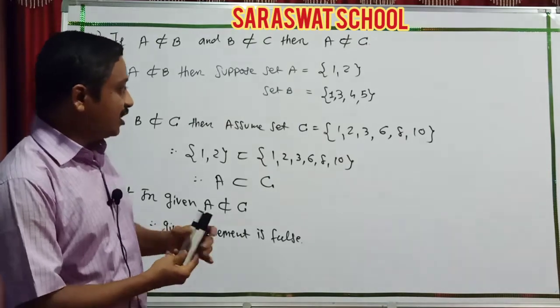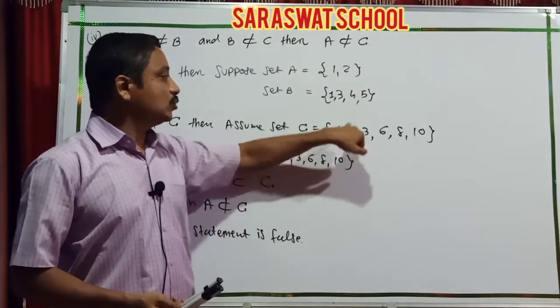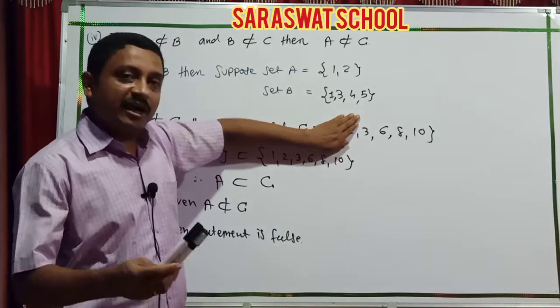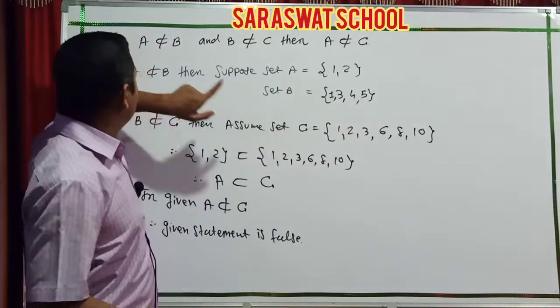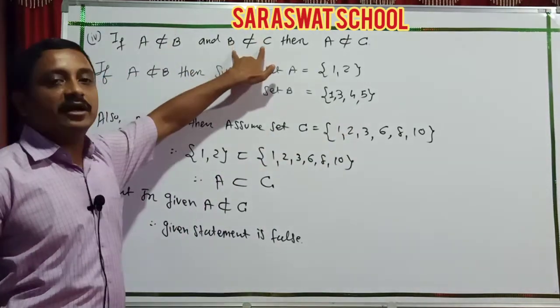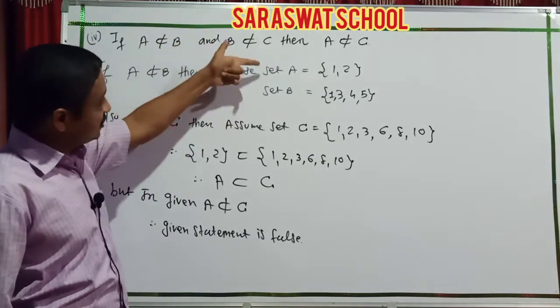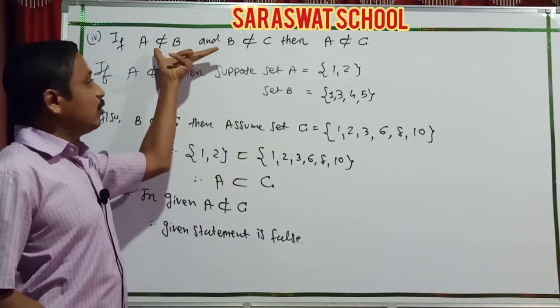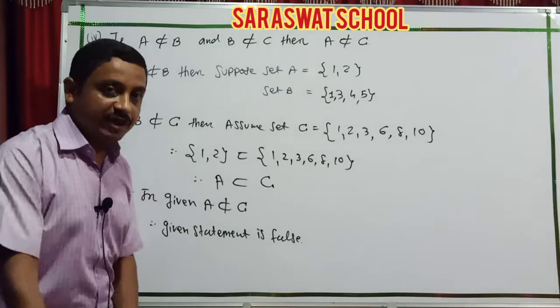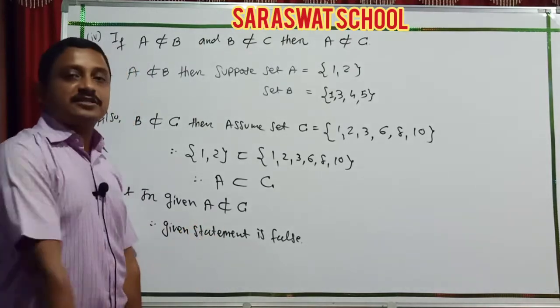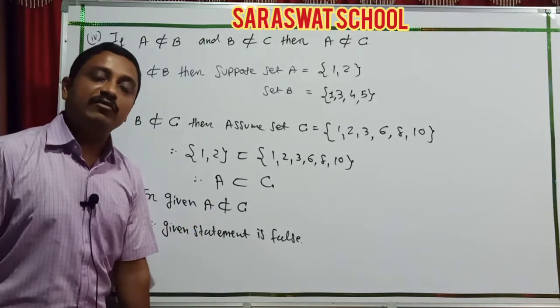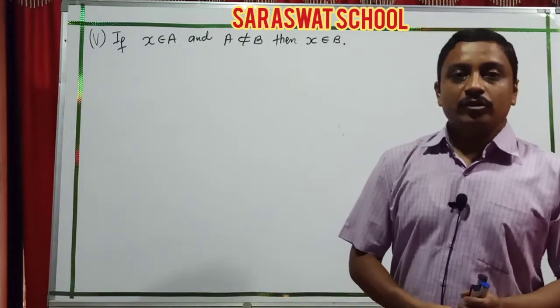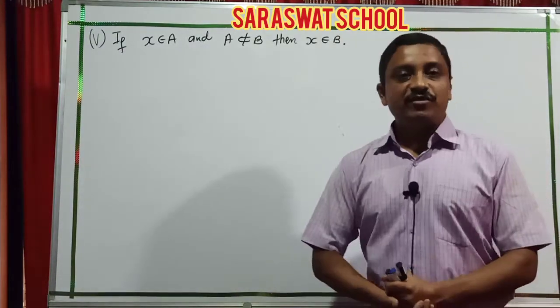Students, I think you may wonder why I take 1, 2 here. You can take different numbers also. But according to A not a subset of B and B not a subset of C, I just suggest A, B and C according to my conditions. And that's why my statement is totally, students, what? False.